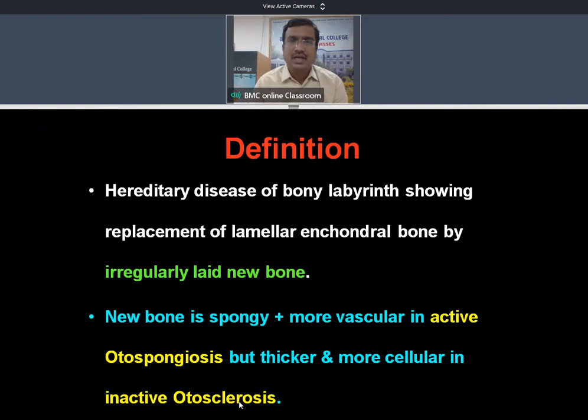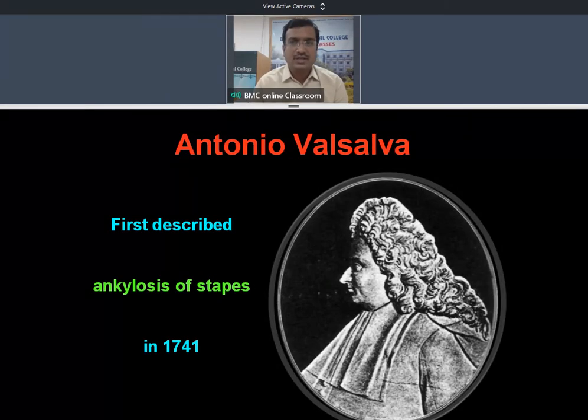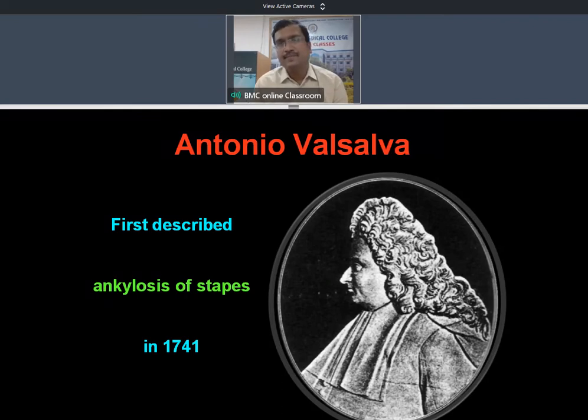So it is a hereditary disease of the bony labyrinth, showing the replacement of lamellar enchondral bone by irregularly laid new bone. So that is the concept of otosclerosis.